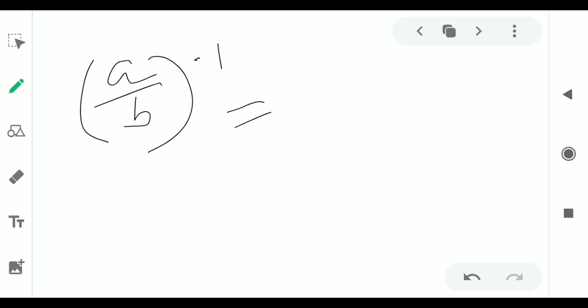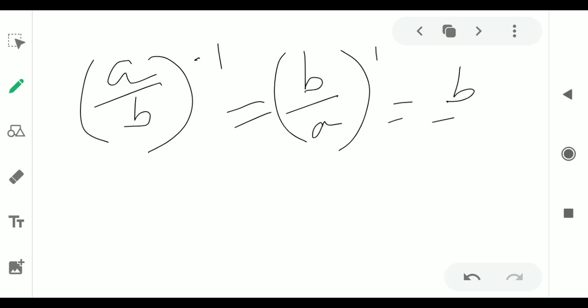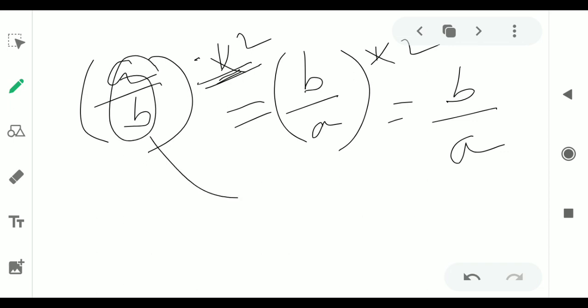Okay. Next, we already learned about one thing: suppose (a by b) whole to the power minus 1, we can just reverse the number, (b by a) whole to the power 1, or directly write b by a. If in place of 1, 2 is there, then minus 2 means it will be plus 2 and the number will just reverse.